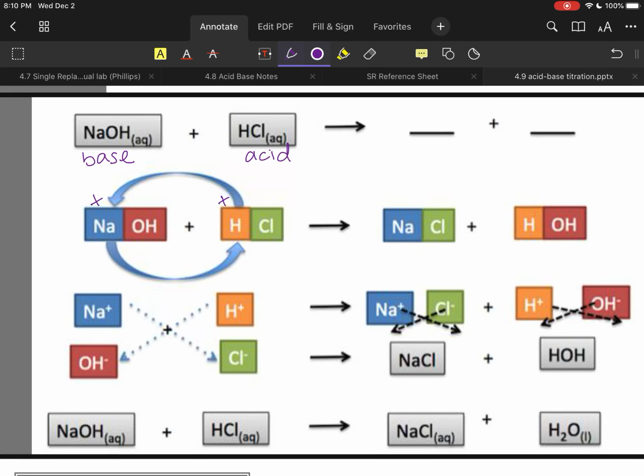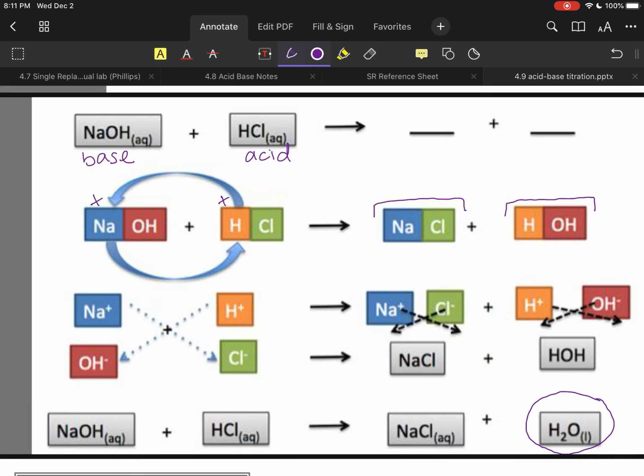When that happens, I now have NaCl bonded together, and then I have hydrogen bonded with the hydroxide ion. Well, HOH is the same thing as water, H2O. So you can see now I have my two final products, my salt and water.